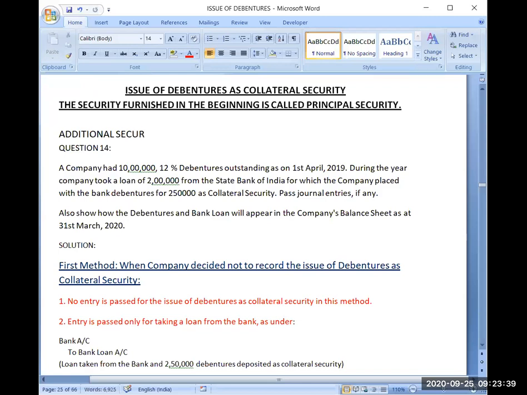So that additional security is called collateral security. Additional security, or you can say secondary security, is called collateral security.